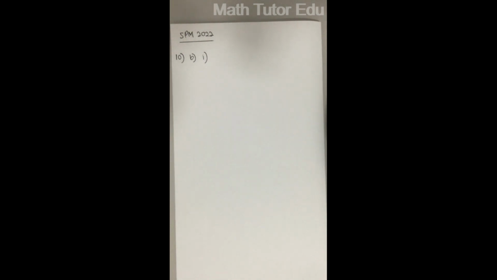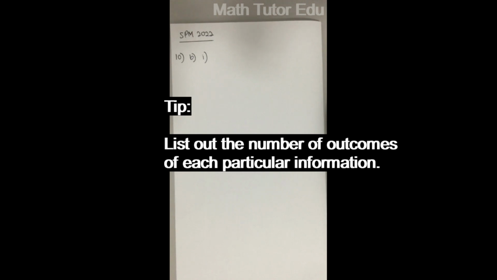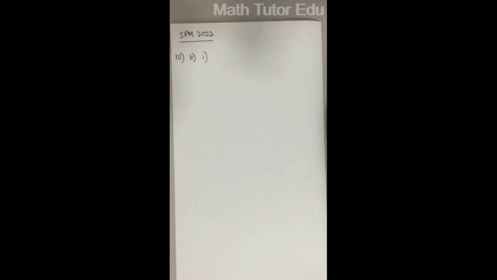Before we begin our discussion for question 10b part 1, you need to know the number of small letters, the number of capital letters, and the number of digits from 0 to 9. Having this information will be useful for us to find the number of arrangements of the password for the part 1 question.